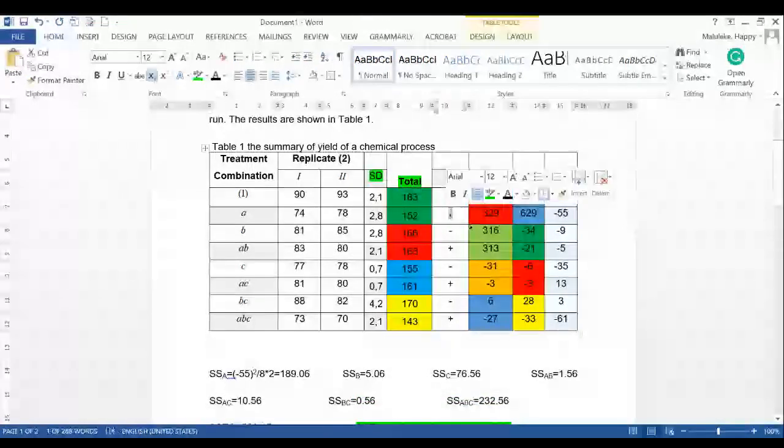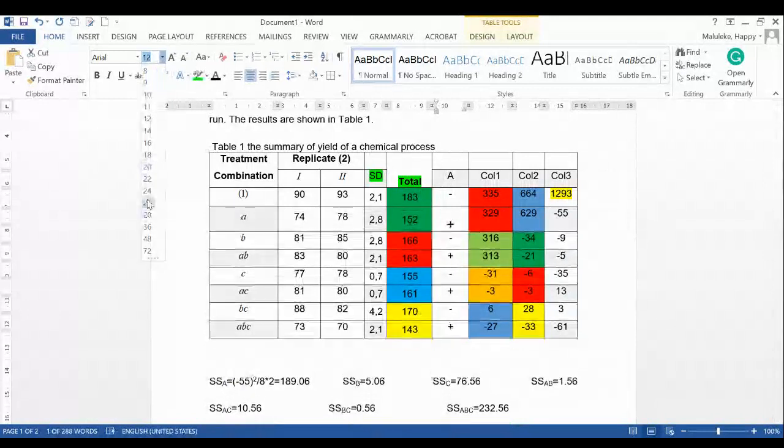Yeah. So I'm getting positive 35. It's just a small positive. Let me increase the font. It's positive. I'm getting negative 35, sir.